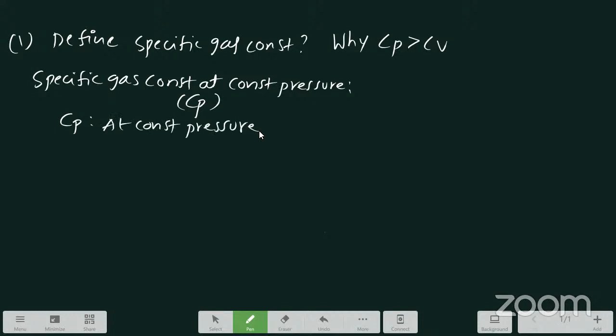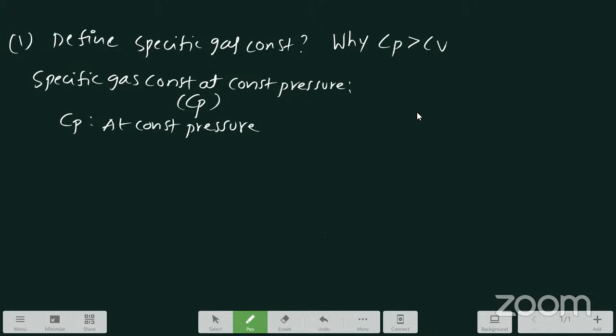Why are we taking only pressure and volume? On heating, when we are supplying heat to a gas, when we are giving external energy, nothing but heat energy, one is volume changes, second one pressure changes. Meaning, when we are supplying heat, pressure changes and volume changes at the same time. That's why one is constant pressure, and the second one is constant volume. What is the formula? Definition of Cp, definition of Cv.